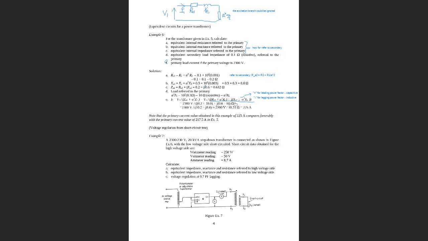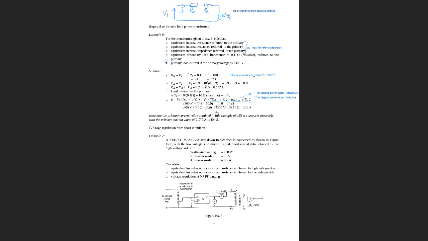So for the reactance parts, plus minus: the plus for leading power factor, which is capacitive loading, and minus for the lagging power factor, which is for the inductive loadings. Okay, here the question tells you that loading is a resistive one.